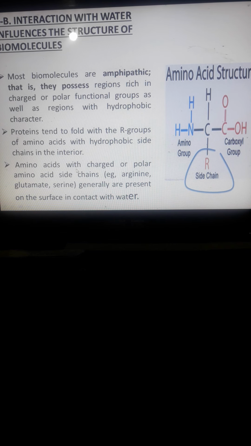Okay, amino acids with charged or polar amino acid side chains, so arginine, glutamate, serine, are generally present on the surface in contact with water. Okay, so example, association of two dipolar water molecules.